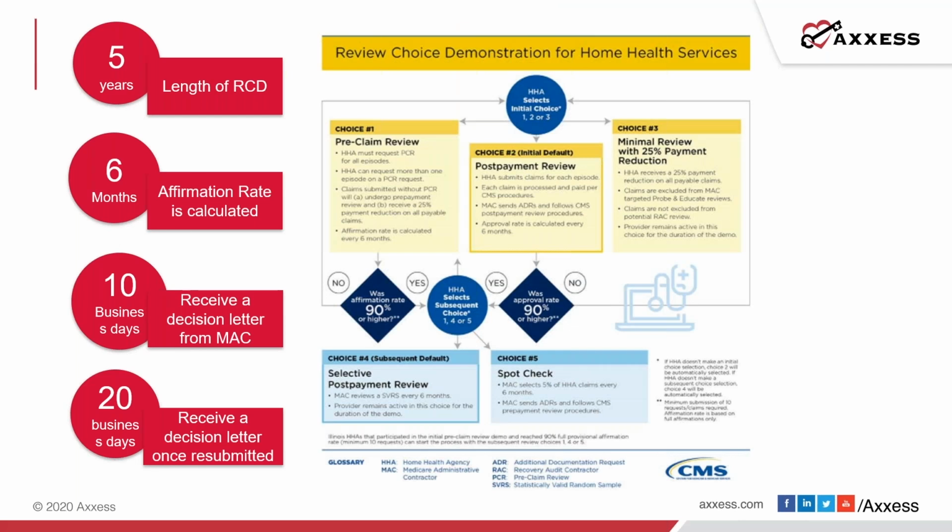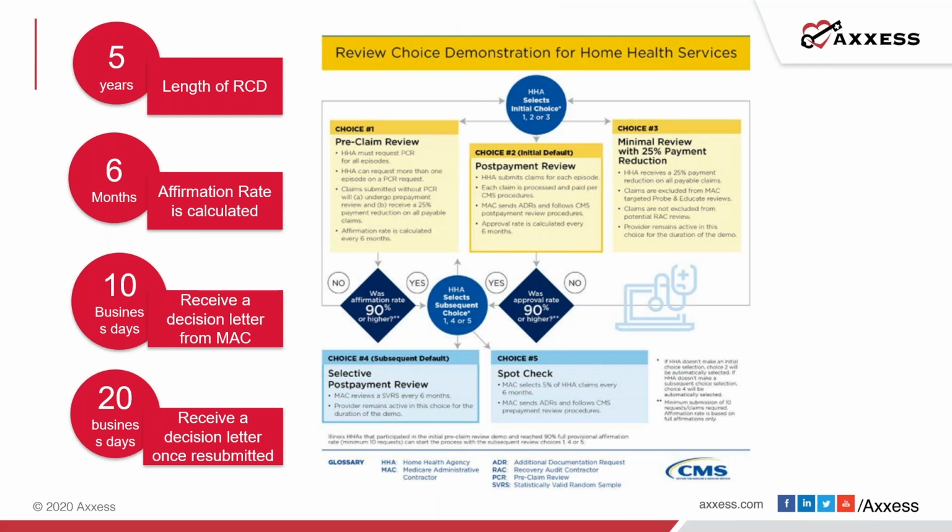So to do a quick overview of the review choice demonstration, we'll start with the pre-claim review demonstration, which began in 2016. And it initially included Illinois, Florida, Texas, Michigan, and Massachusetts. So that started with Illinois.